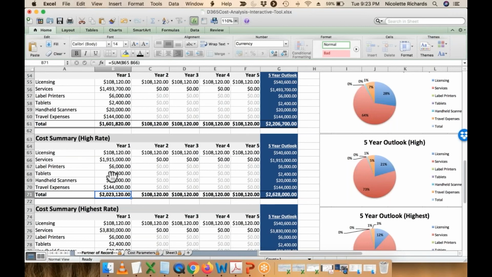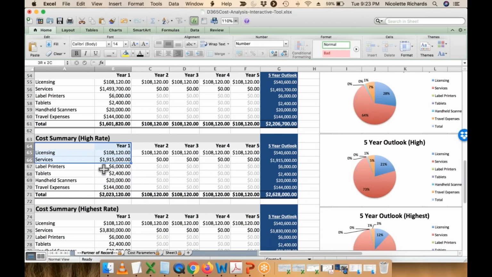Depending on how much on-site presence you require from your consultants, that's going to impact your travel and expense fees. In the grand scheme of things, depending on your starting price, I've seen this range from 2%, and based on these rates and the number of consultants, this is up to 7%.